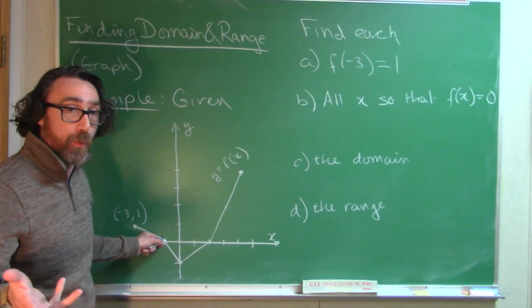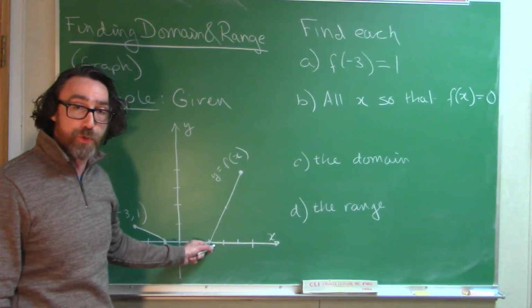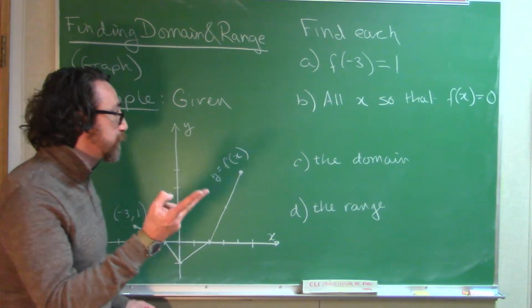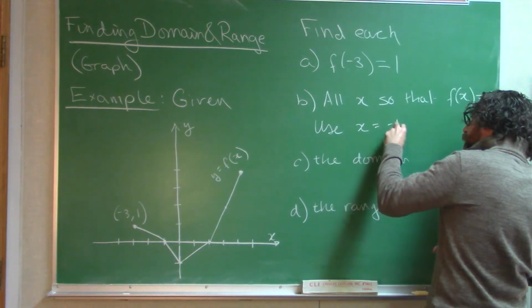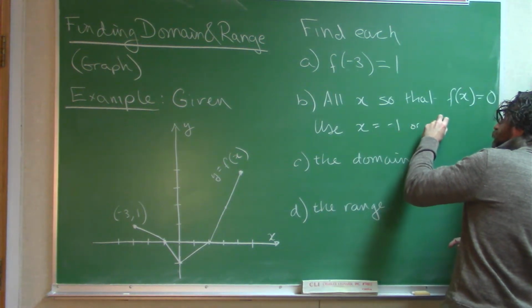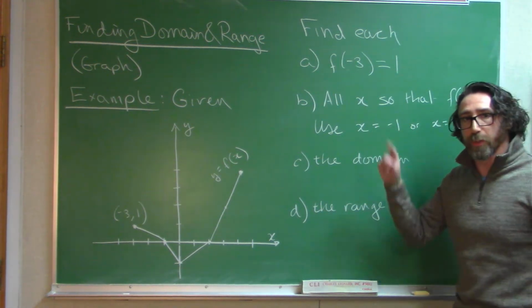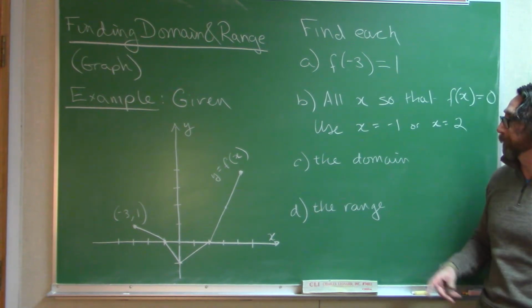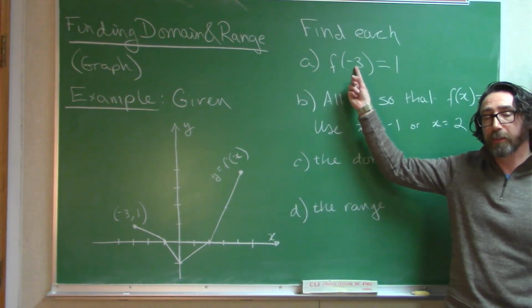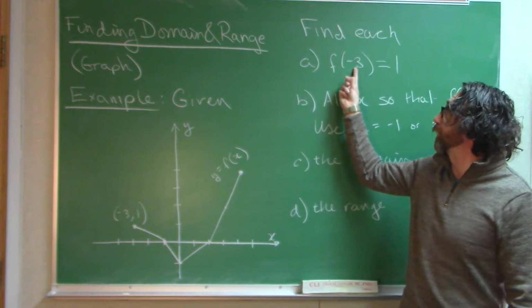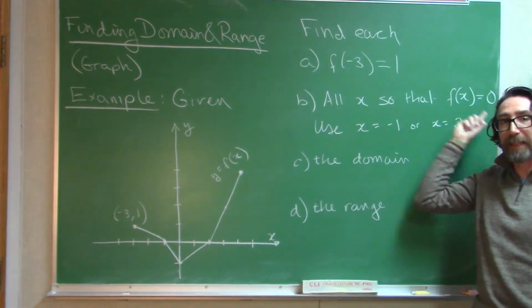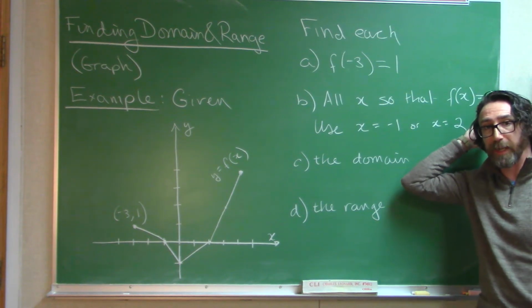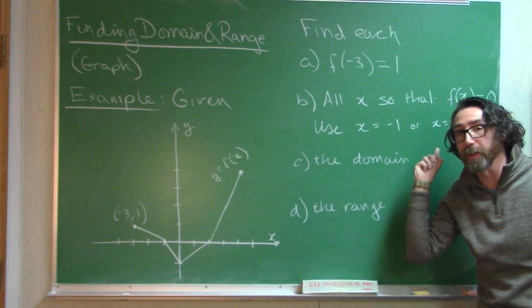It has 0 in the y-coordinate. This is 2, 0. So there's two x values you could use. Okay, two choices. All right, so if you got the input, look for a point on that graph with that x-coordinate. If you got the output, look for points on the graph that have that y-coordinate.